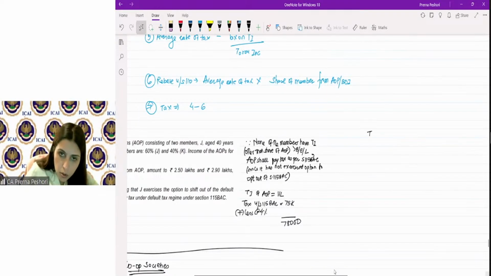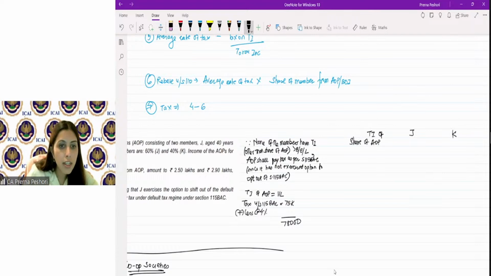Now total income of J and K. So share of AOP. What is the share in AOP? So in 11 lakhs, 60% is of J, which is 6.6 lakh, and 40% is of K, so 4.4 lakh, plus other income, which is 2.5 lakh and 2.9 lakh, right?